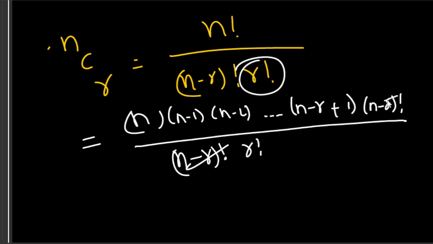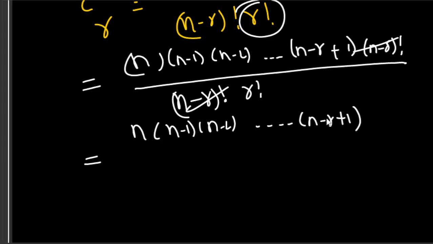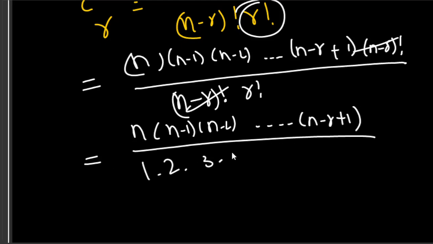So this will cancel out with this. What will remain? The remaining terms will be n into n minus 1 into n minus 2 up to n minus r plus 1, by 1 into 2 into 3 into up to r.